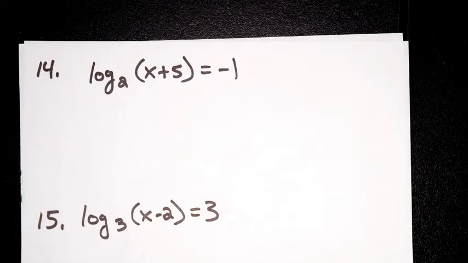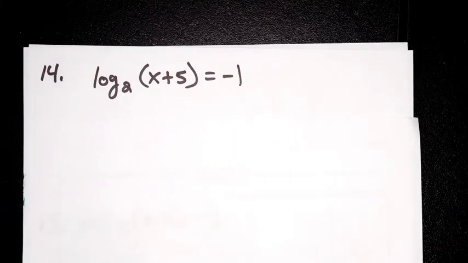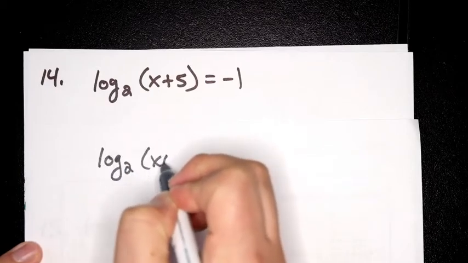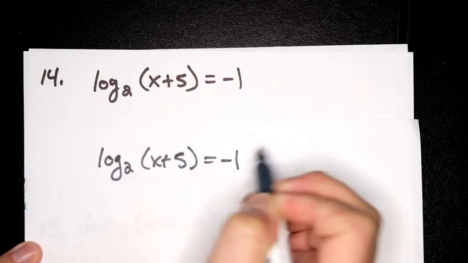And you know what? I'm going to show you both ways. Let me get a scrap piece of paper, and I will show you 2 ways to do it. So let me just copy this over before we get started here. If we had log base 2 of x plus 5 equals negative 1.